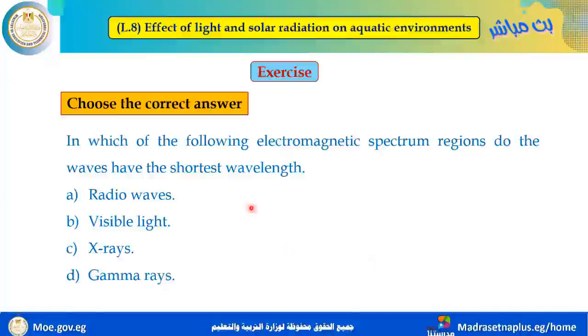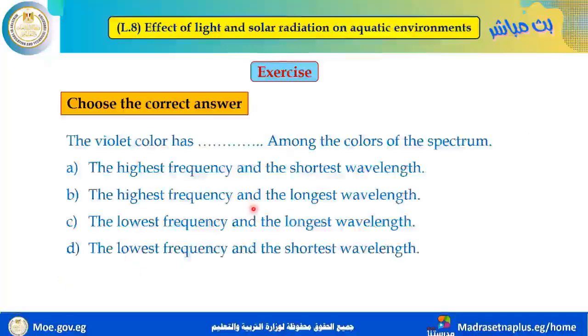Radio waves, visible light, X-rays, gamma rays. You are right. Yes, it is gamma rays, which have the shortest wavelengths and the highest energy and also the highest frequency. That's good. Another question.